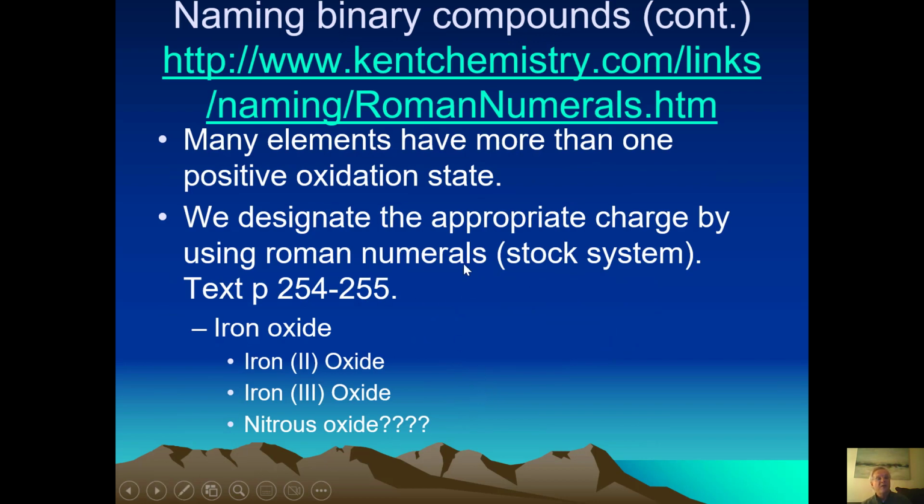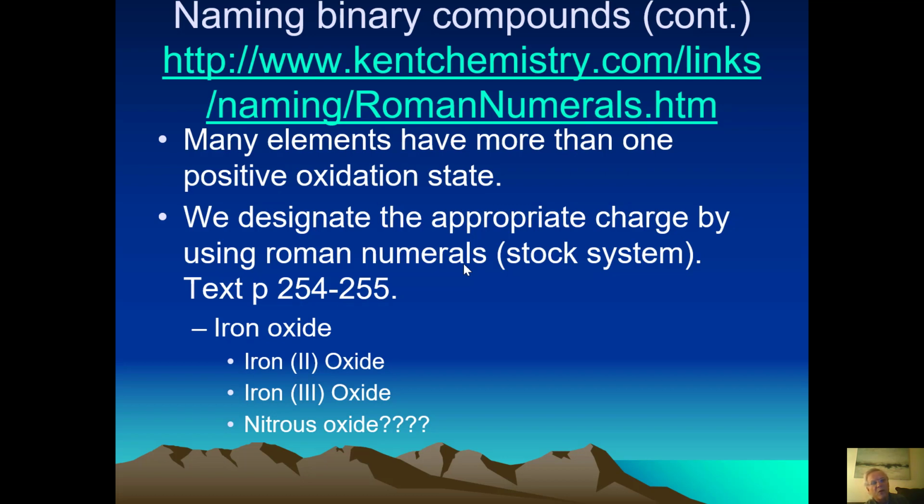So some elements, your transition elements, have more than one oxidation state, and the way that we designate that is by using Roman numerals. And when we do that, we have to keep in mind we don't want to use Arabic numerals, the regular 1, 2, 3, 4 anymore.